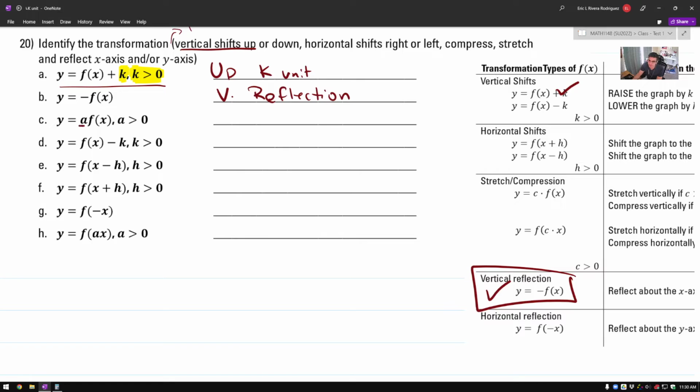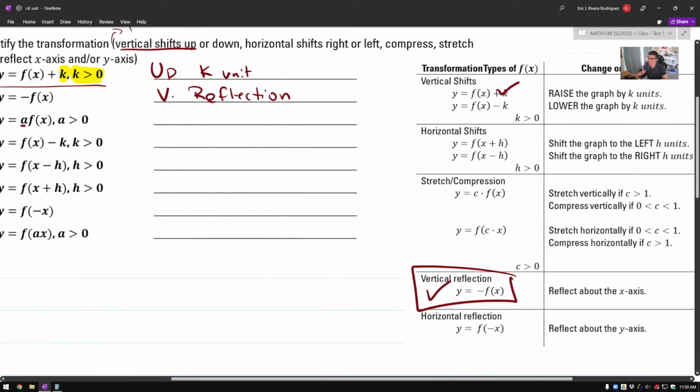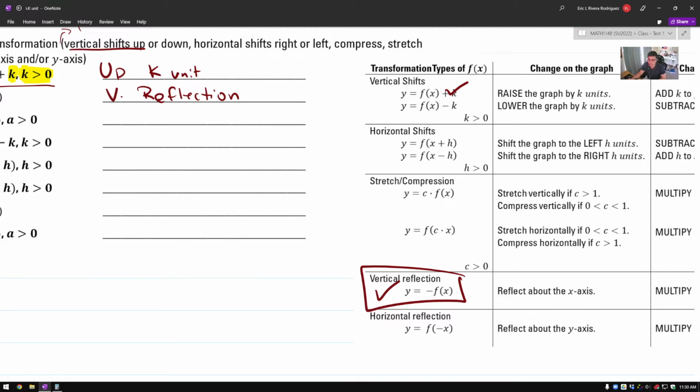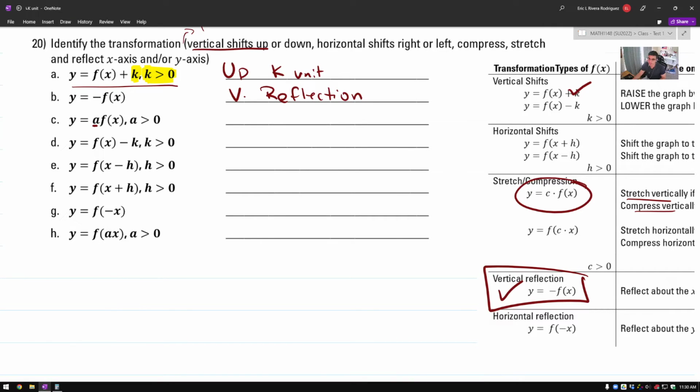We have a times f of x. A is positive, so a is a factor that is being multiplied in the output group of the function. Here we have two different effects: vertical stretch or compressed vertically. If the value of that factor is greater than 1, we have a vertical stretch.